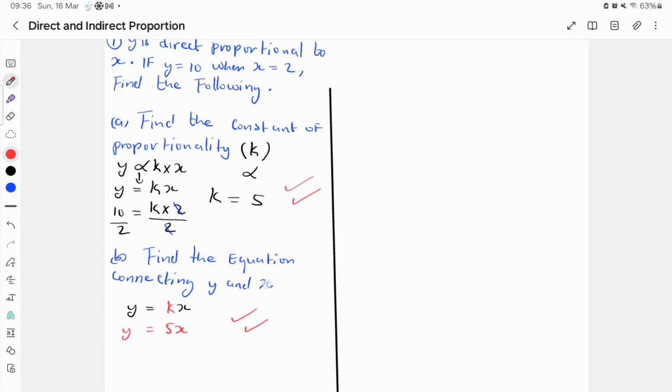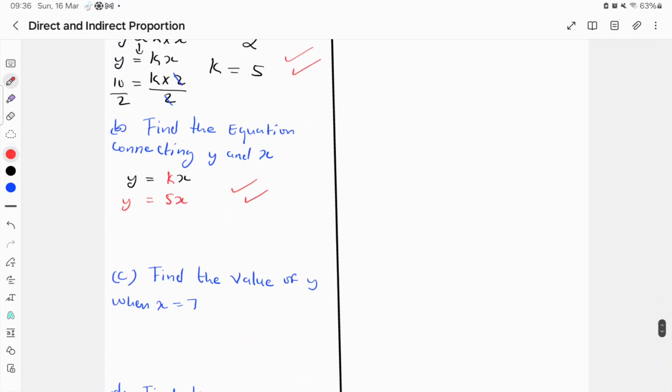Now in part C, they say find the value of y when x is equal to 7. At this stage you simply use your formula. Your formula is y is equal to 5x.